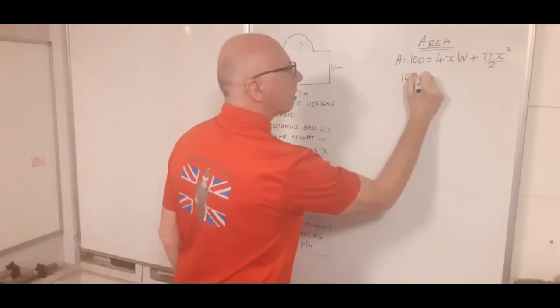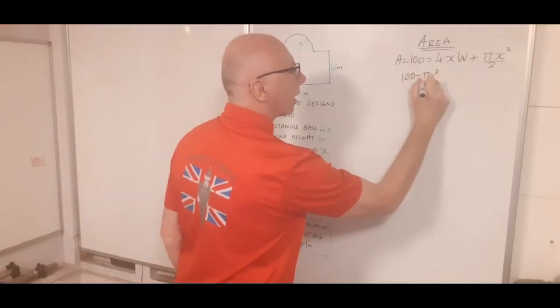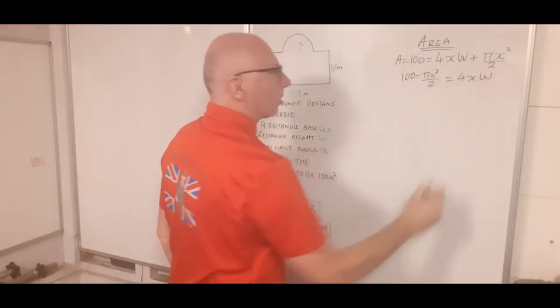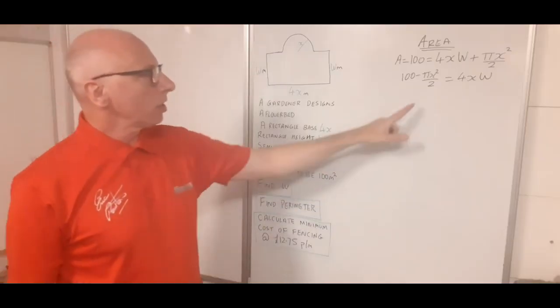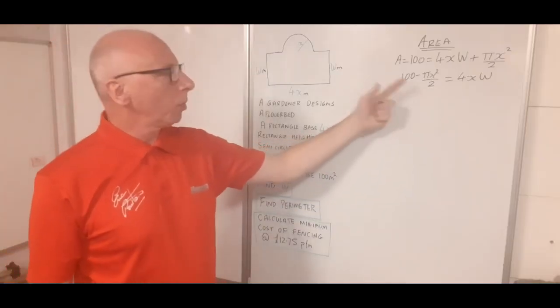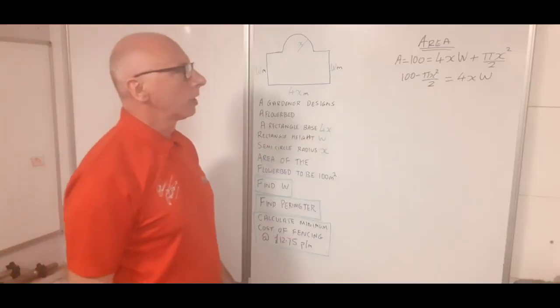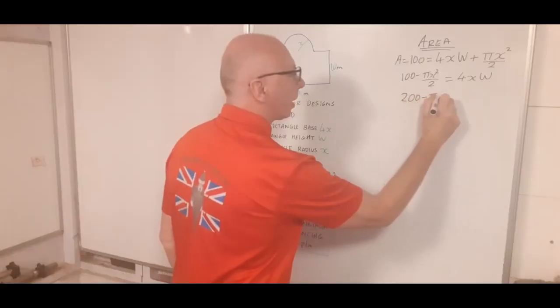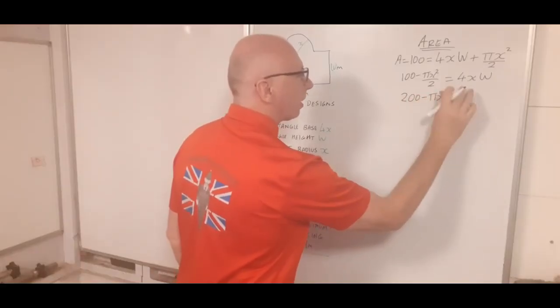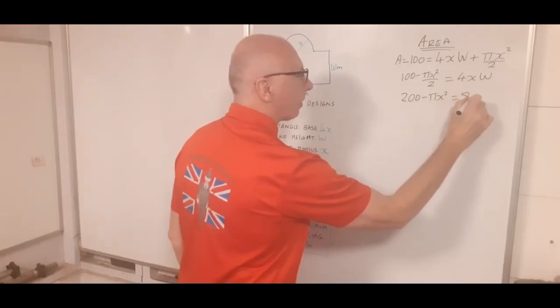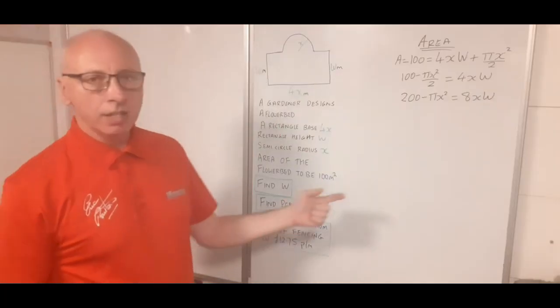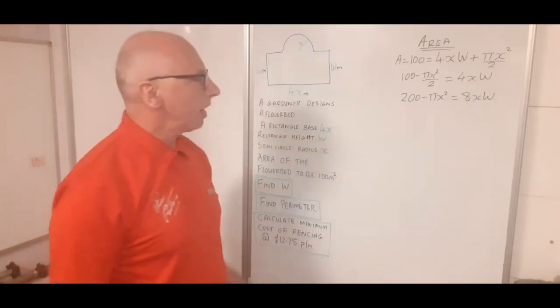So I've got 100 minus pi x squared over 2 equals 4xw. Now, just a little bit awkward with this 2 here, so I'm going to multiply everything by 2. So that's then going to give me 200 minus pi x squared, times this by 2, literally going to have 8xw.